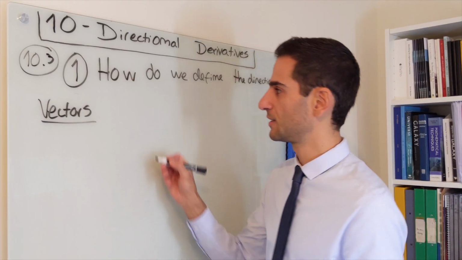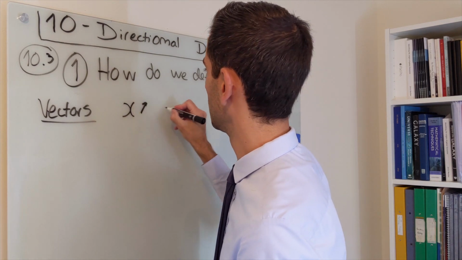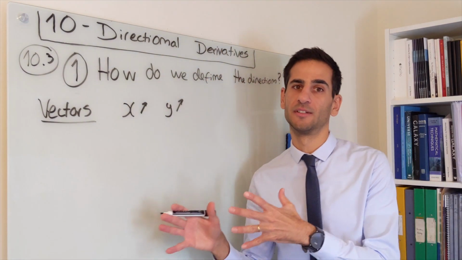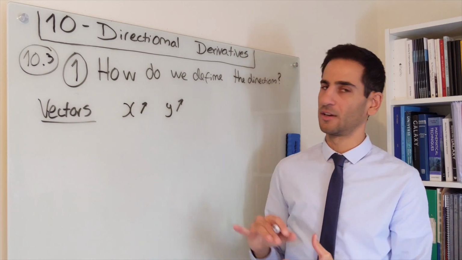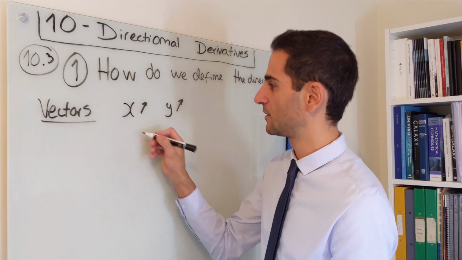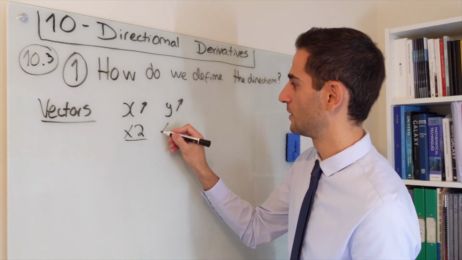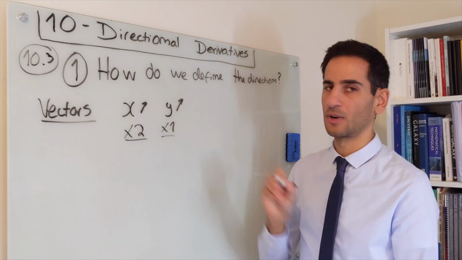To start off with, let's say that both x and y are increasing. You're moving along a direction for which both x and y are increasing. But let's say that for x, you're increasing it twice as fast as for y.